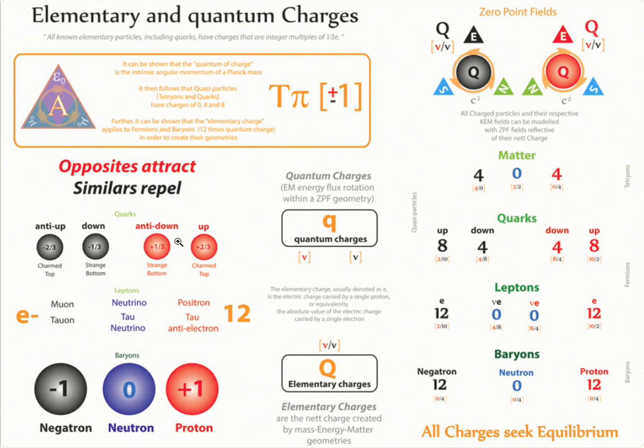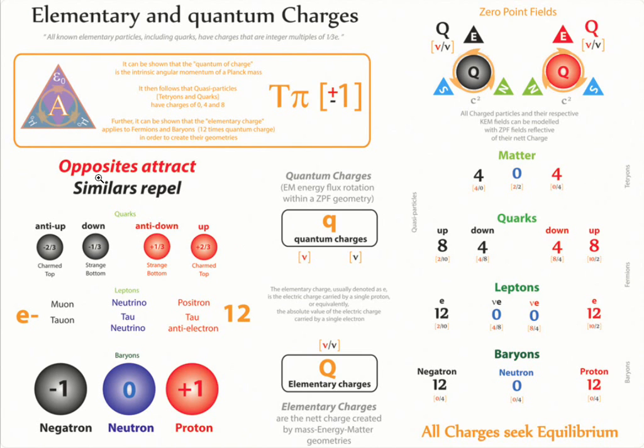Again, all the physical properties of charge, mass, energy, momenta, etc., are exactly the same as they are currently formulated in the standard model. The only major difference obviously being the equilateral geometry foundation.